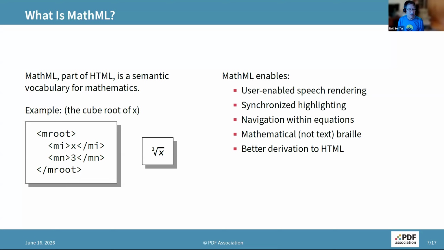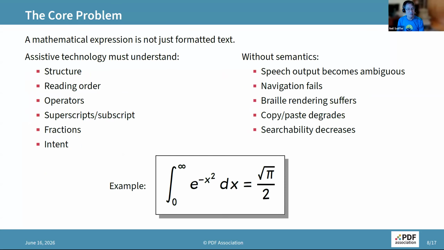One is UEB, another is Nemeth, and the author can't know which is the right one because they don't know which math Braille code a person might know. And then, as David said, you often take the PDF and turn it into HTML. If you have it tagged as MathML, well, HTML uses MathML, so that export just works.